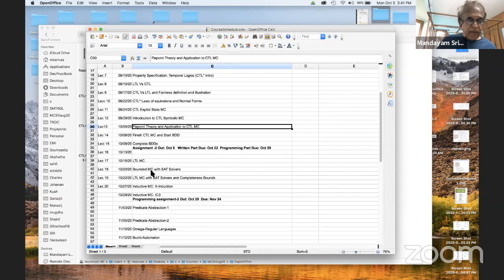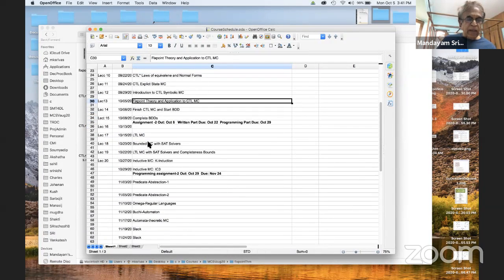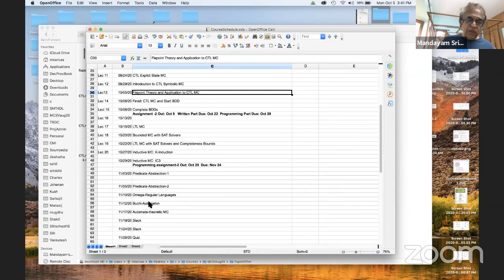As you can see, I'll be covering different versions of symbolic model checking before getting into automata theoretic model checking, and only a few classes later.